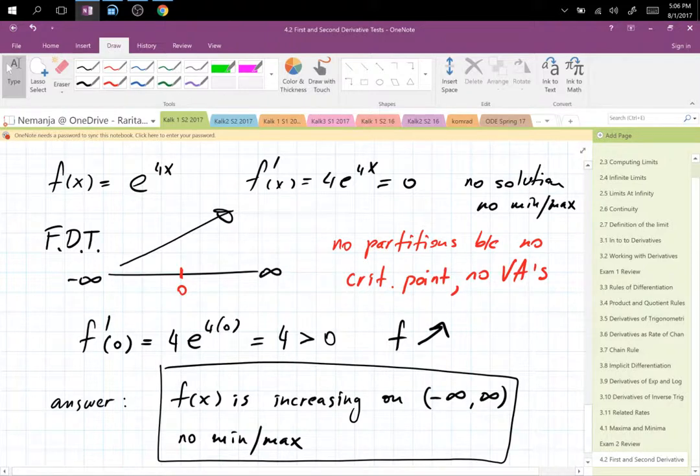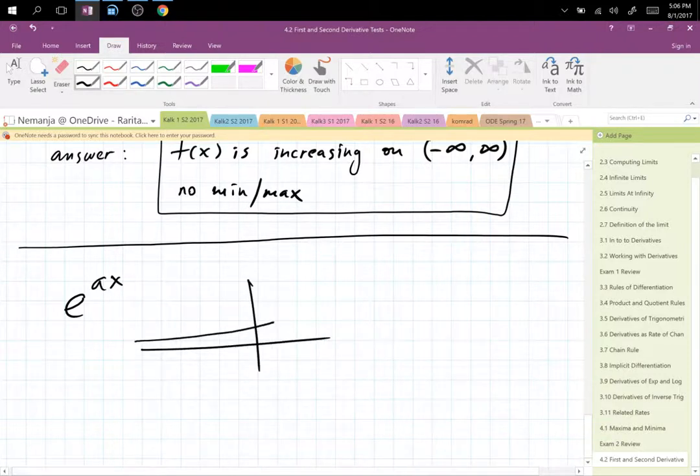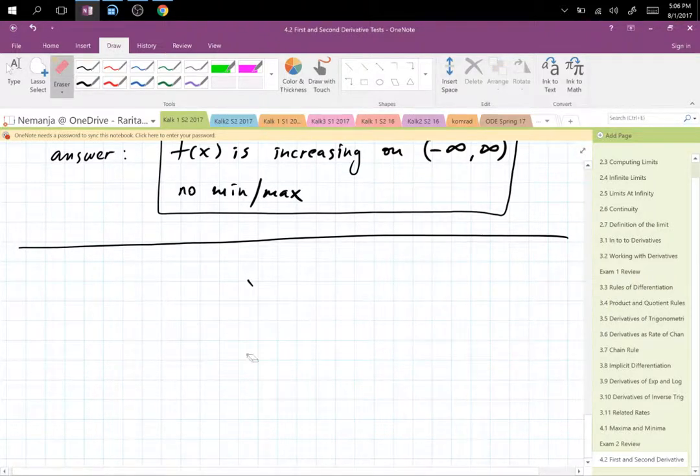Now we obviously know that's the case because the e to the x graph looks like this, right? So calculus never lies. It always works. So it was cool to verify that using calculus.